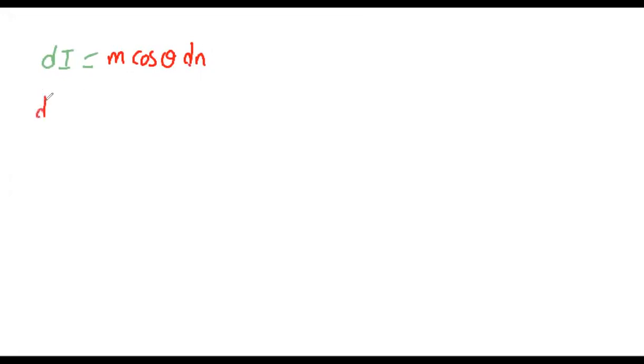So dI is equal to m cos theta, and as it is, what is the dn value we got just now?